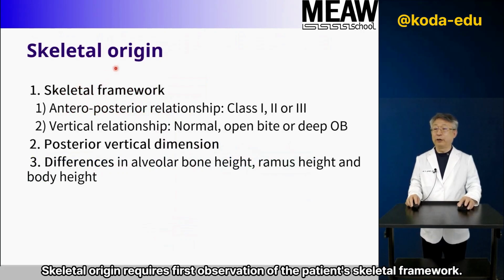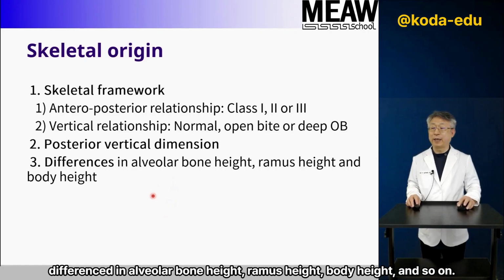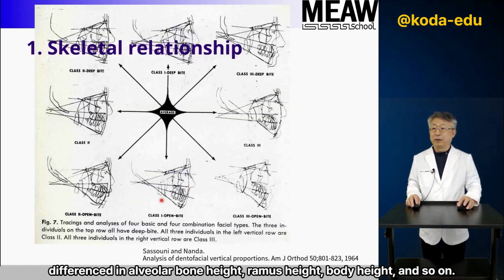Skeletal origin requires first observation of the patient's skeletal framework. That is, anteroposterior relationship, vertical relationship, posterior vertical dimension, difference in alveolar bone height, ramus height, body height, and so on.